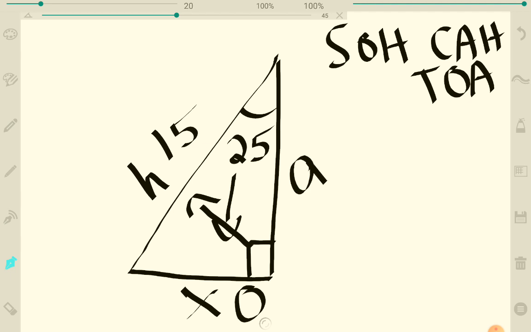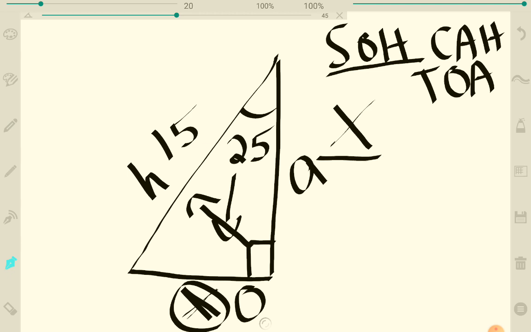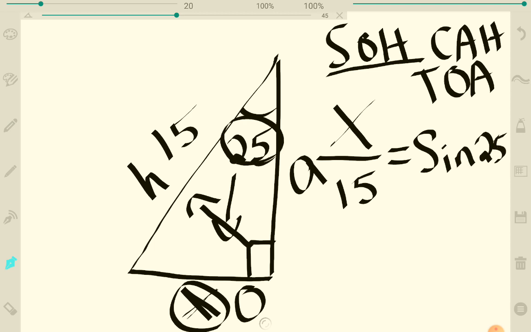So right now we're trying to find x. In order to do that, we have to use our other side again. And the only trig function that uses this is sine. So we have to do x over 15 equals sine 25. And 25 comes from this angle right here.